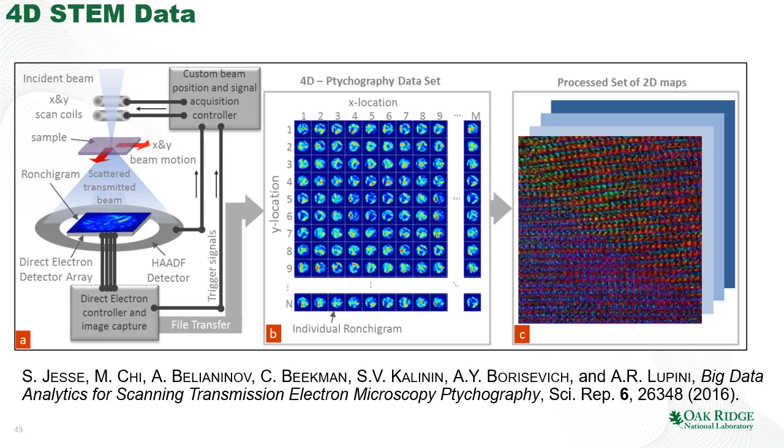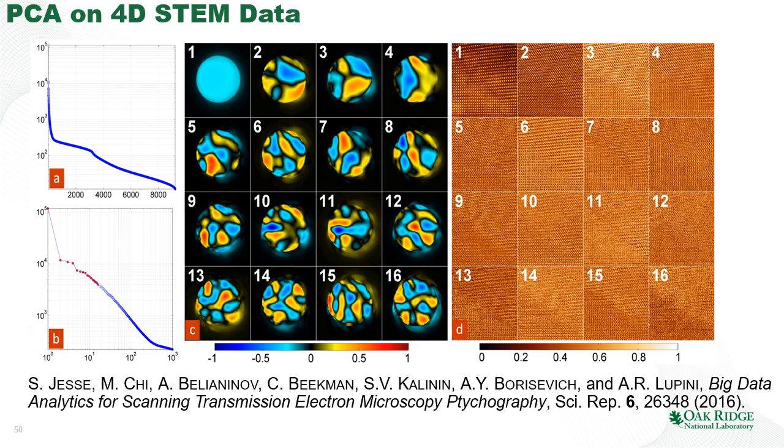It turns out that linear mixing methods work remarkably well in these cases. This is an example of principal component analysis for such data. When we have our data set, we determine how many of these components are useful. We determine how the individual components look, and we determine how the spatial loading maps look.